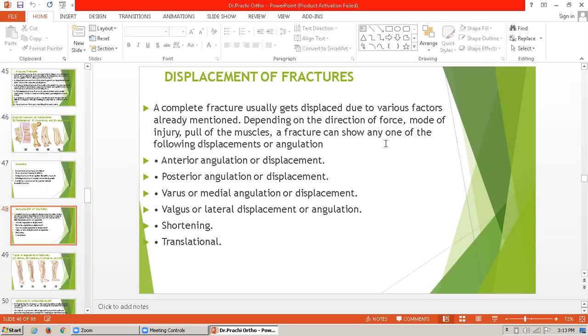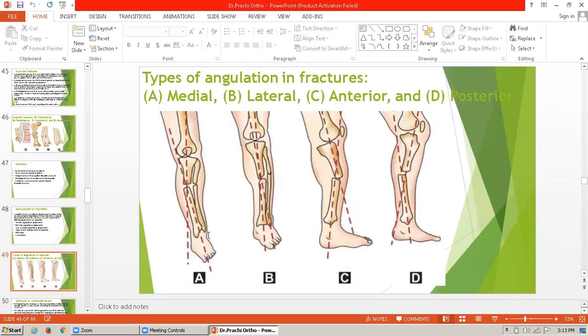A fracture can show any one of the following displacements or angulations: anterior angulation, posterior angulation, varus or medial angulation, valgus or lateral angulation, shortening and rotation. These are the types.